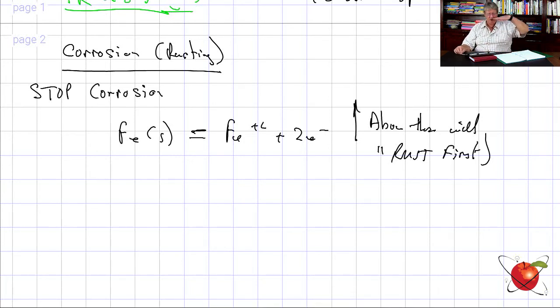If you look on the table, the ones above it will rust first.